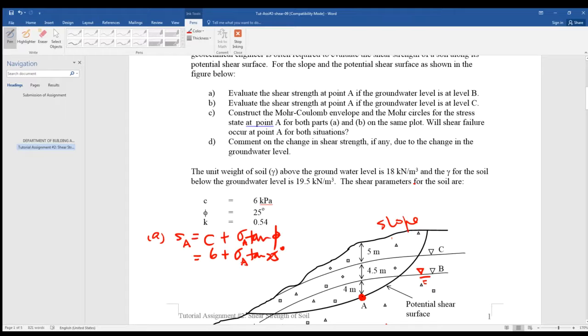Okay. Now, of course, when we are talking about the shear strength, we are talking about the effective stress, right? Everything in terms of effective. So the effective. Now, what's the effective stress at A?